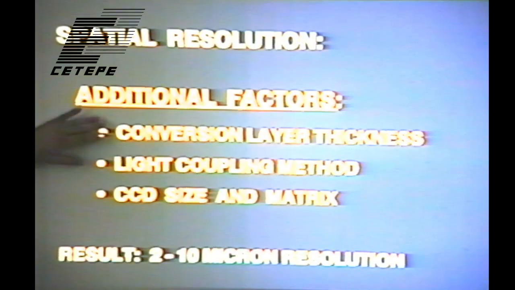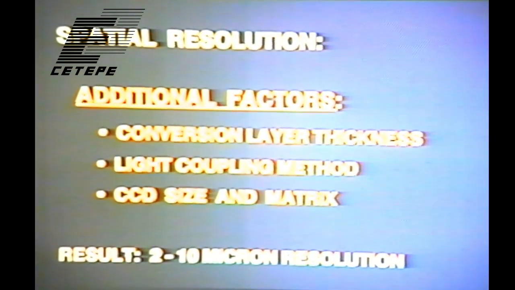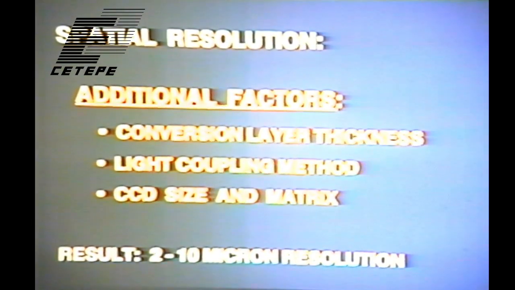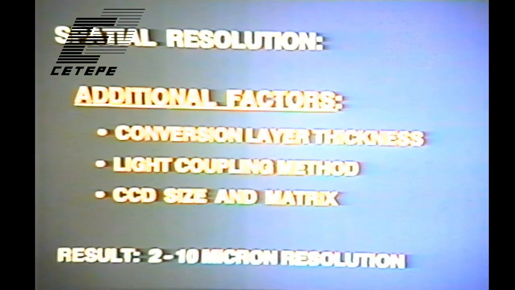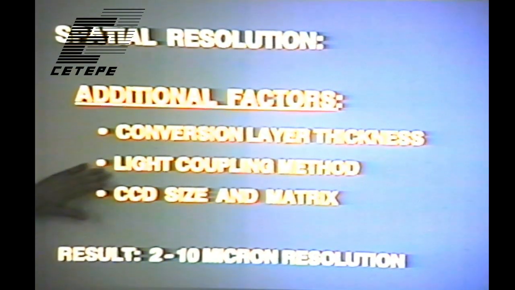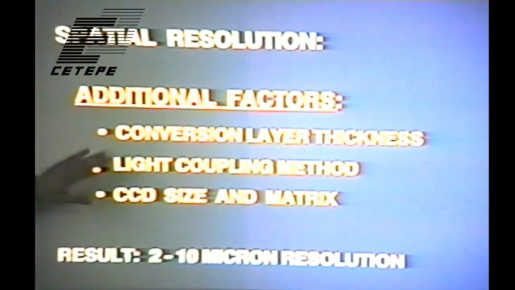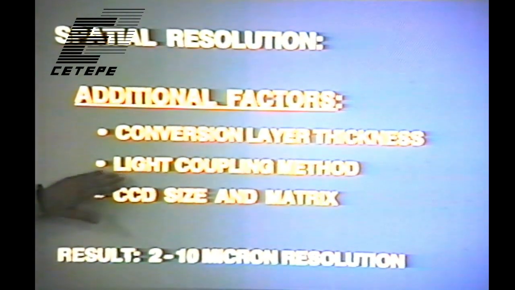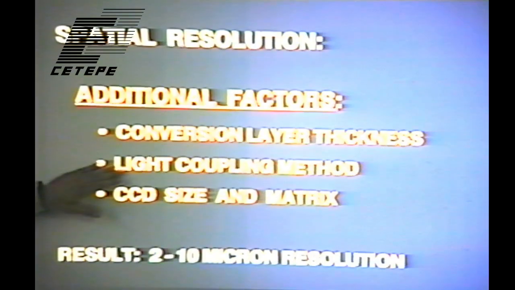So other things that you want to pay attention to are your conversion layer thickness. That's this business about the thickness of your phosphor, where the light will spread in the phosphor to a diameter roughly equal to the thickness. So if you want high resolution, you have to make very thin phosphors. If you don't have a good light coupling method, either a good lens system, or in fiber optics, it's even more challenging.